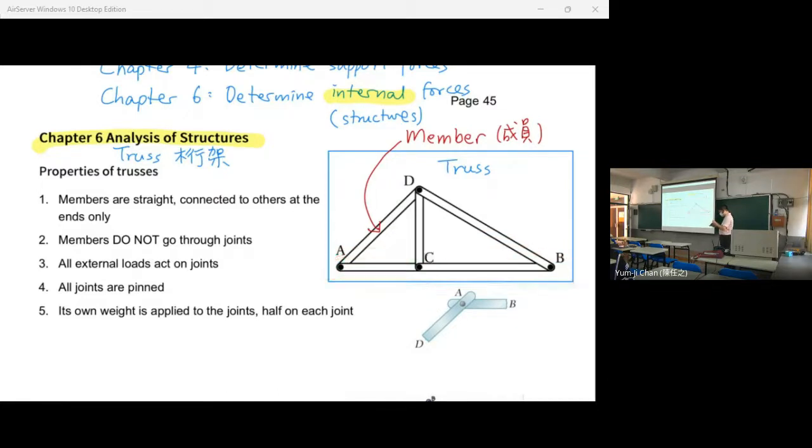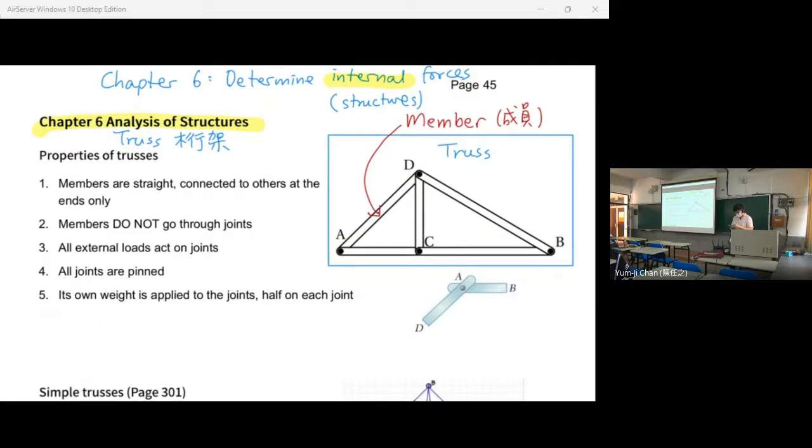We have members AC and CB, but we do not have ACB. We have two members. One member is AC and one member is CB. So we will not say we have ACB. We have only AC and we have CB.